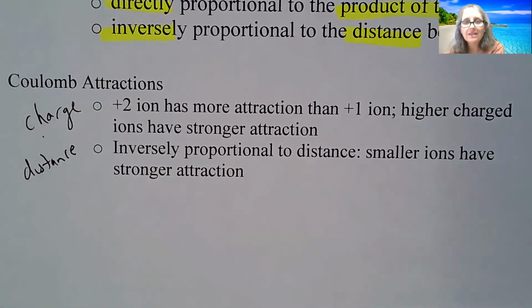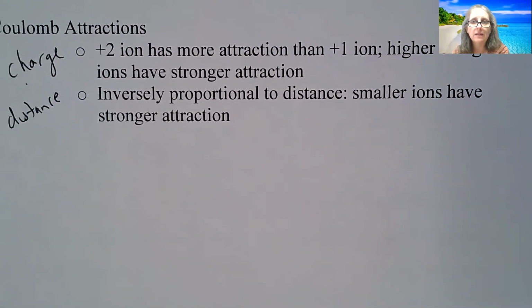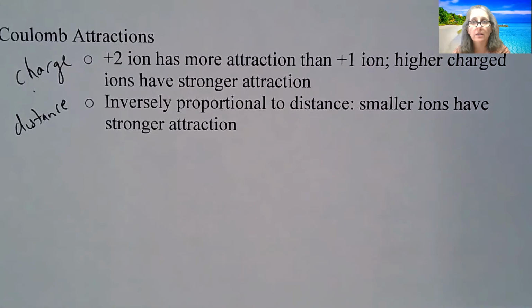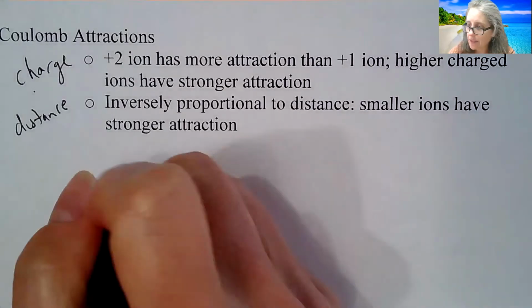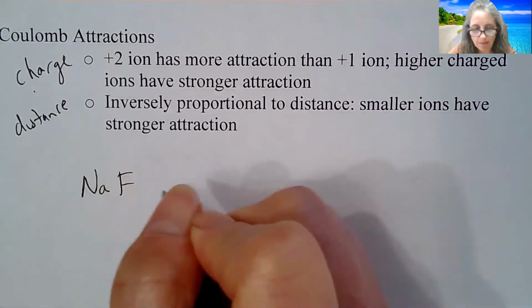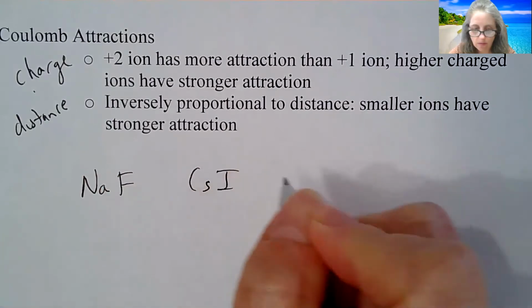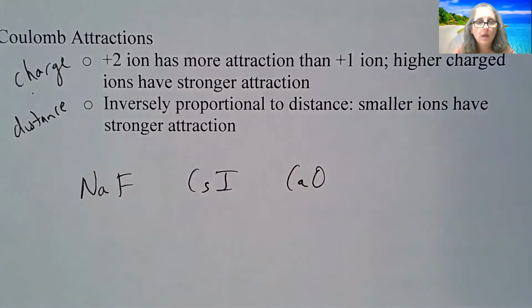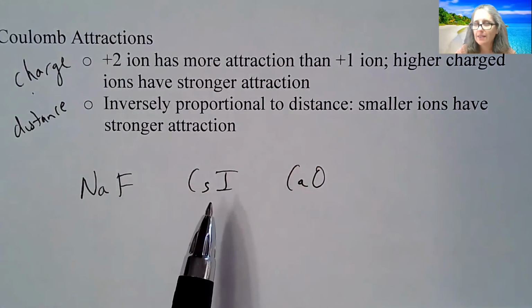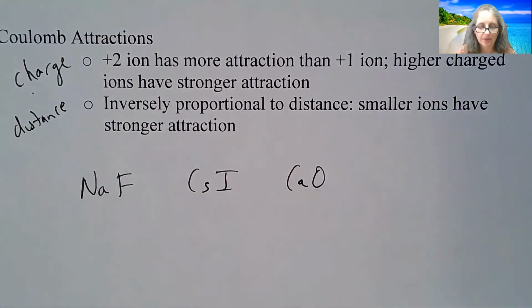How I'm going to ask this kind of question is, again, using a periodic table. You always have a periodic table. I'm going to give you a series of compounds: sodium fluoride, cesium iodide, and calcium oxide. And I'm going to ask you to rank their ionic bond in terms of strong force.